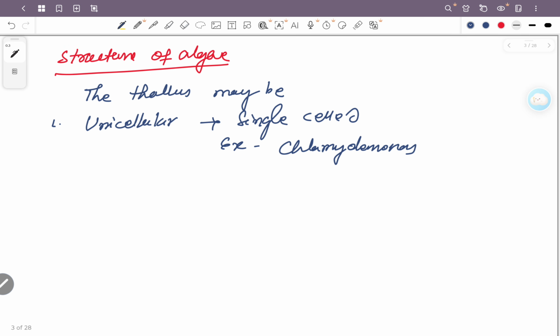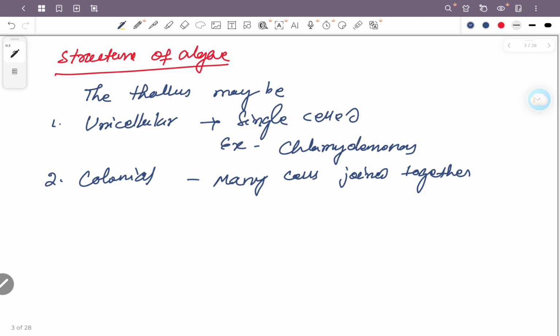Okay, and number 2, colonial, and here many cells join together. Example is Volvox. Okay, now the another form is filamentous.